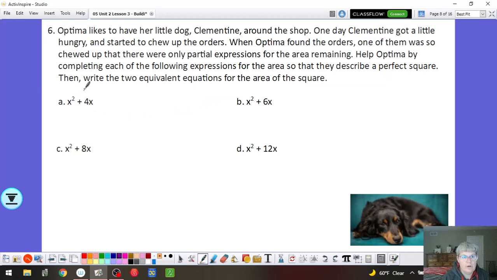So if we look at our expressions, we see an x squared. Well, that's going to be our basic square. And then we have a plus 4x. Well, if we're going to keep the shape of the square, what we add onto each dimension has to be the same. So that means we need to divide this 4 by 2.